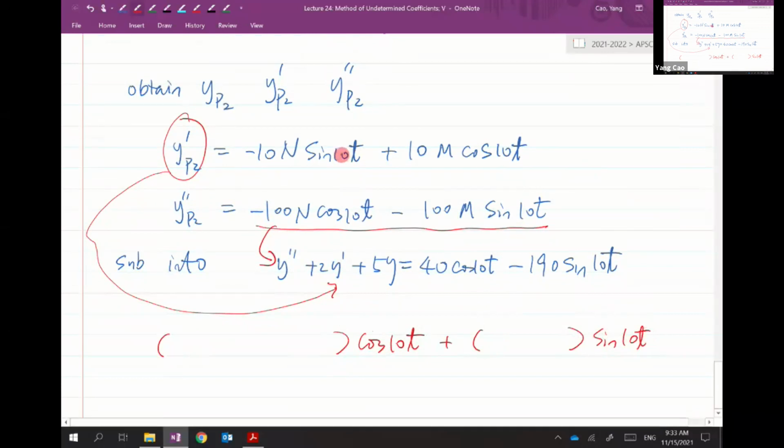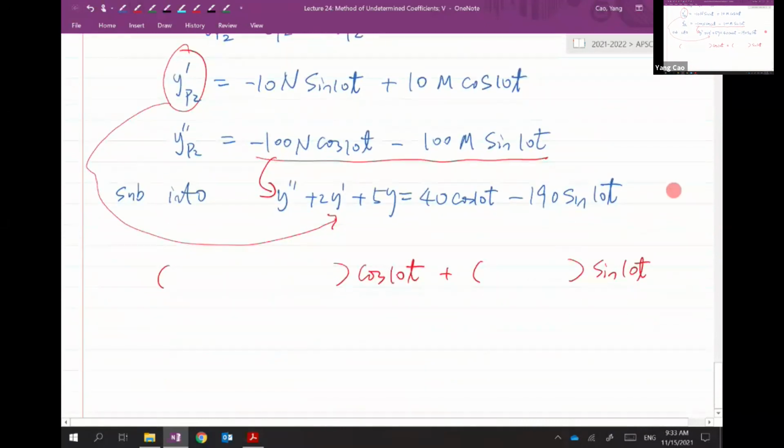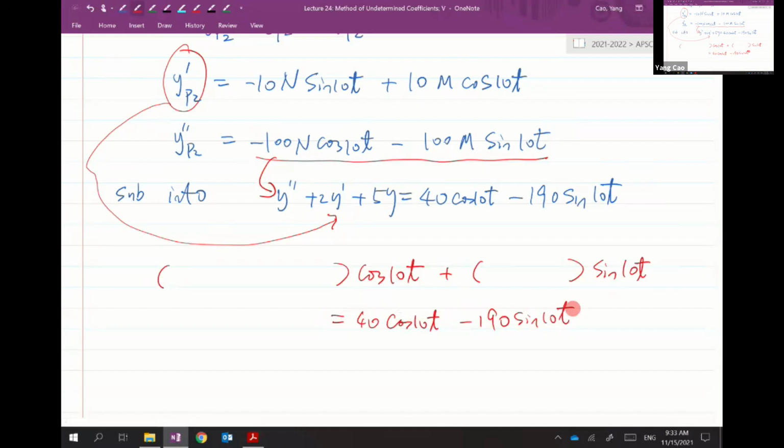You have sine 10t, you also have a sine 10t over here. You have cosine 10t, cosine, and cosine, right? And also there's coefficient 2 and 5, so don't forget that. So that's the ultimate purpose: after substitution, group all the terms, and the other side is 40 cosine 10t minus 190 sine 10t. If you have this kind of bigger picture in your head, then it wouldn't be too messy, and you wouldn't be too confused after substitution.